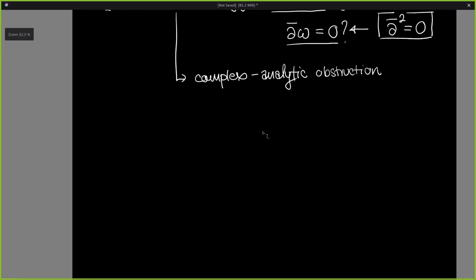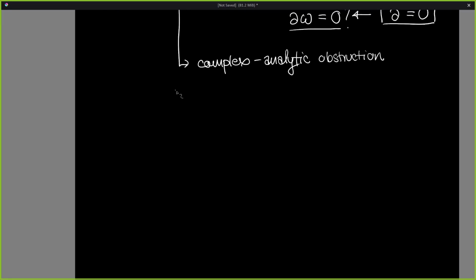So now we're going to talk about de Rham cohomology, partially because I want you to know about de Rham cohomology, but also because it will help us understand the way that Dolbeault cohomology is working. Okay, so let's talk about de Rham cohomology.